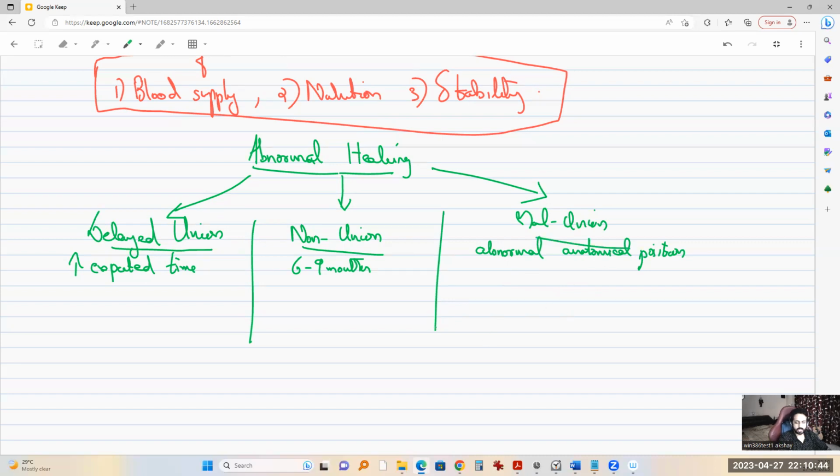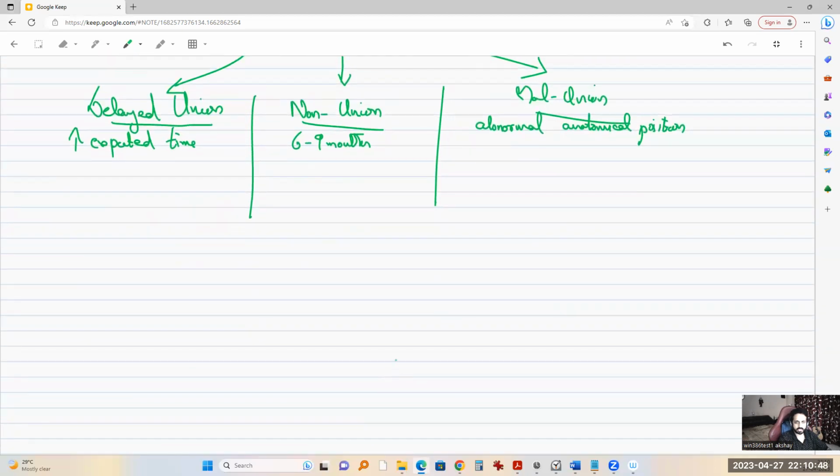Now let's see why this abnormal healing happens. What is the reason for this abnormal healing, or in other words, what are the risk factors for abnormal healing?